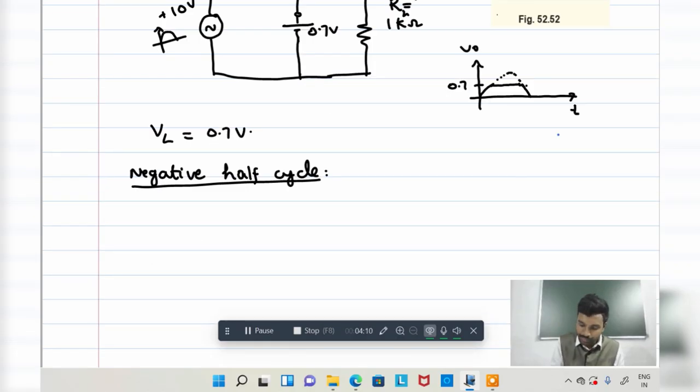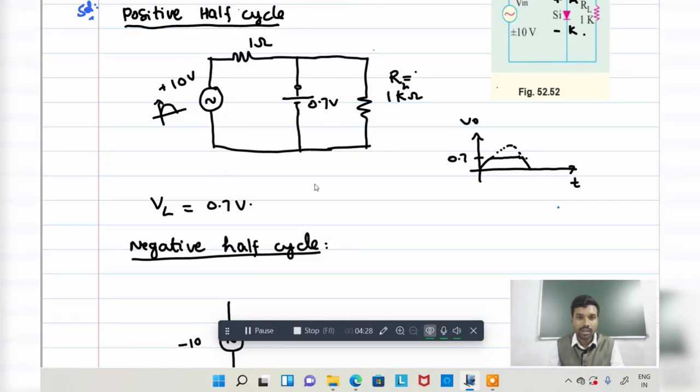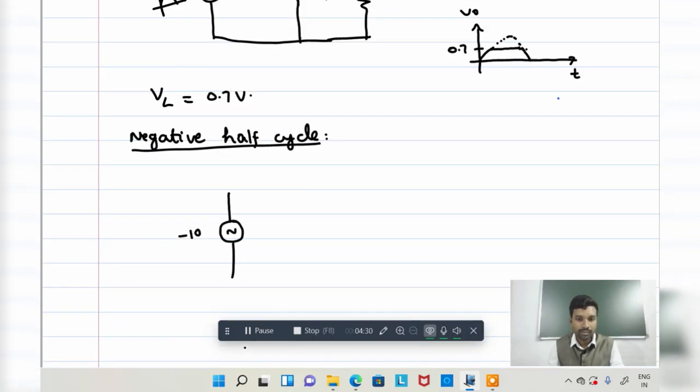Next, the negative half cycle. In the negative half cycle, this is minus 10 volt, and the resistance is 1 ohm.